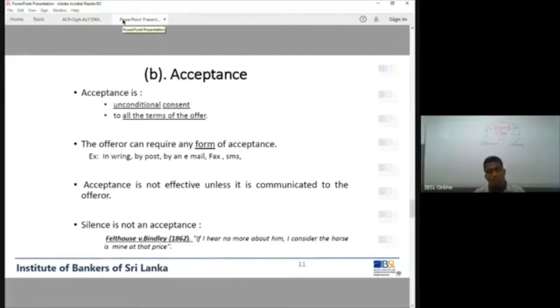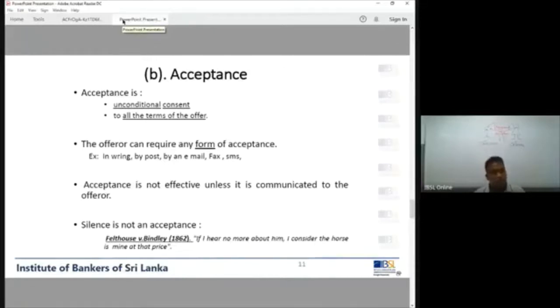When the mode is not mentioned by the offeror, the offeree can choose a mode of communication of acceptance by his or her choice. Then the acceptance is not effective unless it is communicated to the offeror. So these are very important when it comes to contract law.